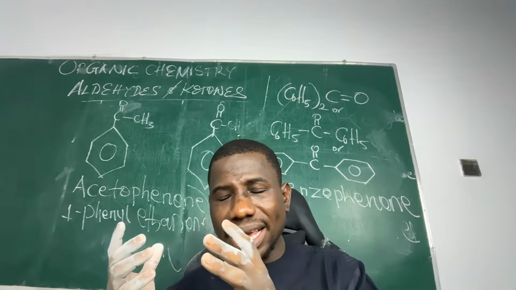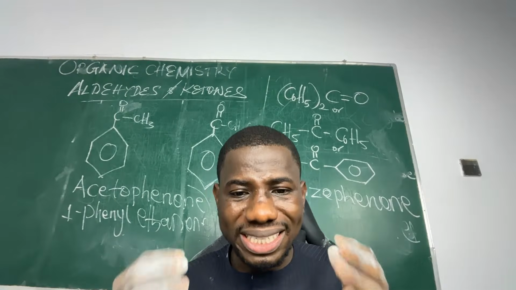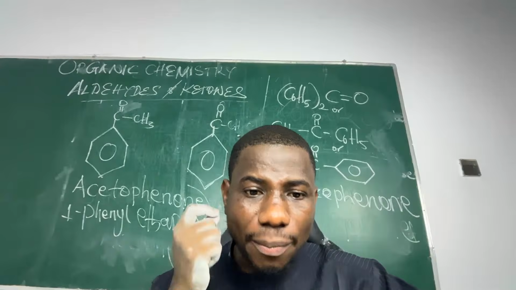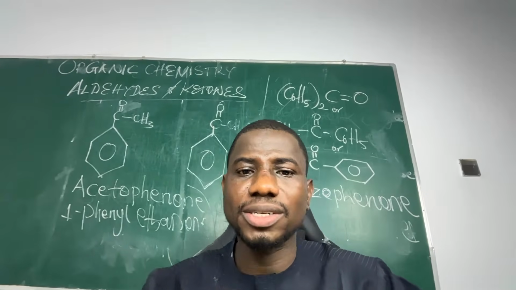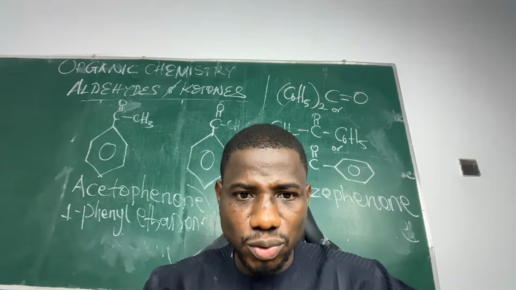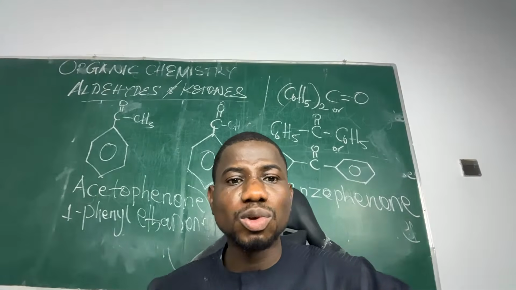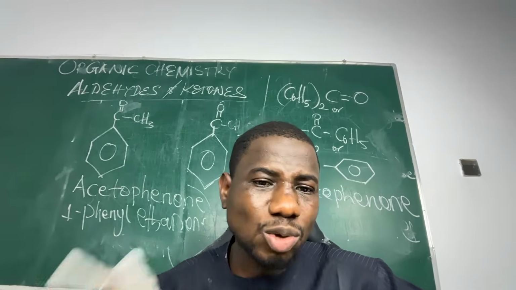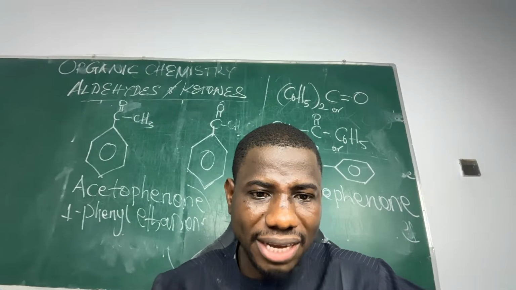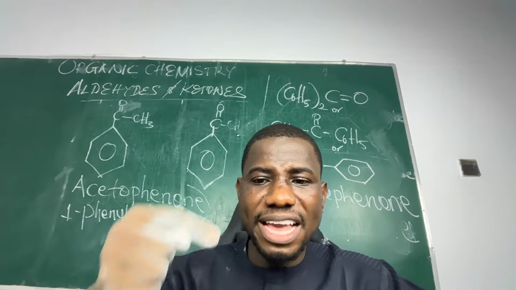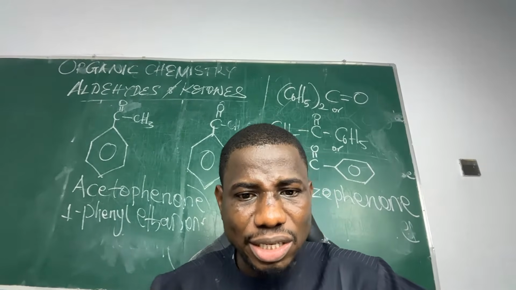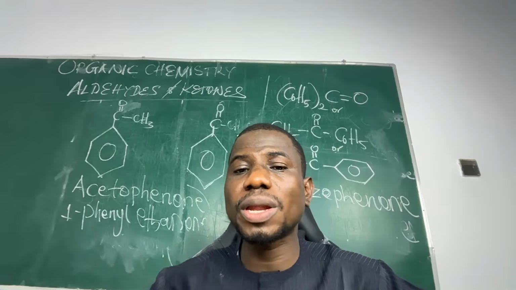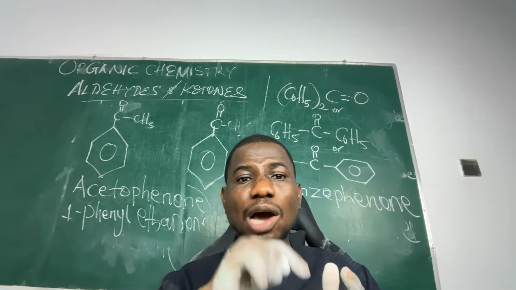In the exam, they may ask you what determines the chemistry of aldehydes and ketones. The answer is the carbonyl group. An aldehyde is an organic compound containing a carbonyl group attached to at least one hydrogen atom. A saturated aliphatic aldehyde is called an alkanal, represented with RCHO.